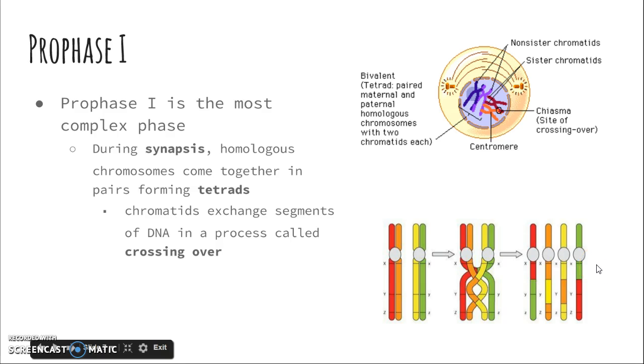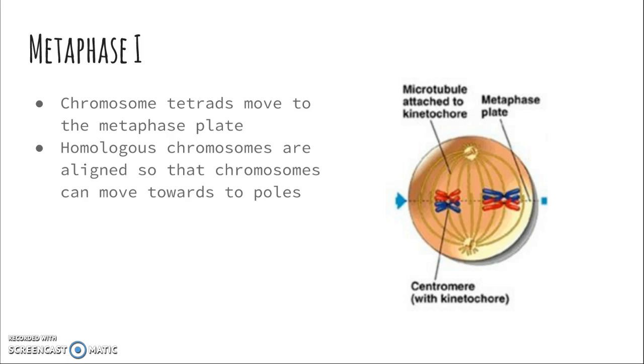And so this is going to help with our genetic variability because now we have pieces of one chromosome on another chromosome that's going to go into different cells. So it's going to help provide for genetic variability. This is one of the reasons you do not look like your siblings. You are not the exact replica of mom and dad's DNA, but everyone is unique because of this crossing over.